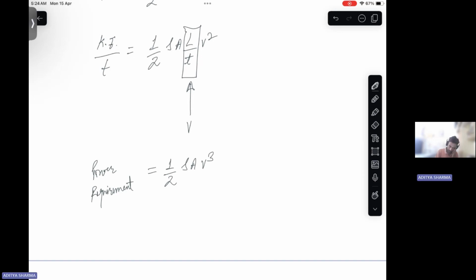So we have a power requirement that depends on velocity, and it depends in such a way that the relation between power and velocity is of cube factor.